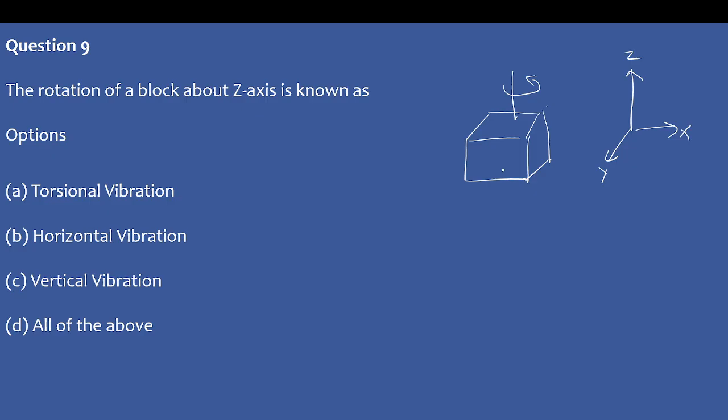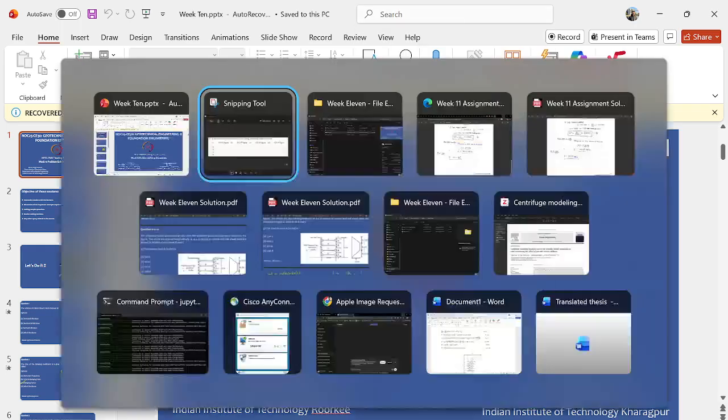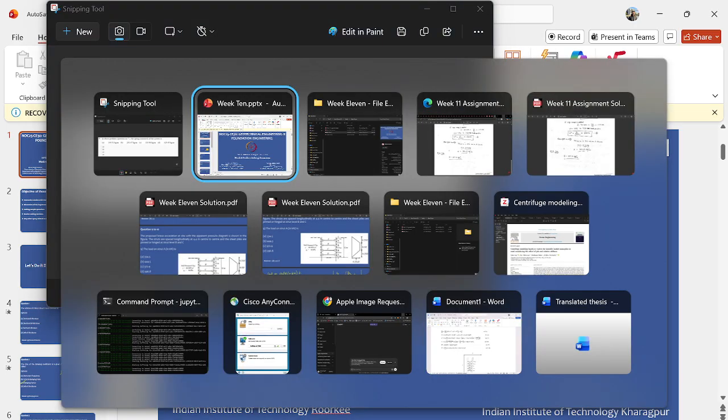Definitely torsional. Let's say this is your building. If it's vibrating along the x-axis like this, this is your horizontal vibration, and if it's vibrating in this axis, this is your vertical, and if it is rotating about this axis, this is your torsional.